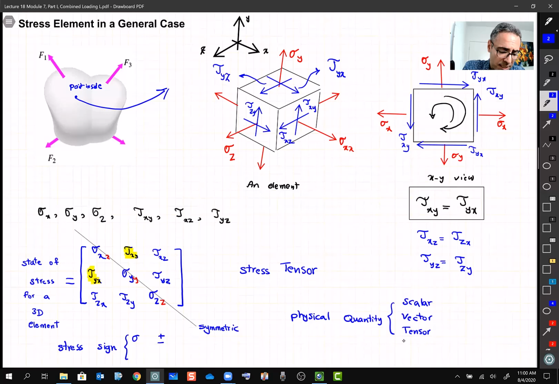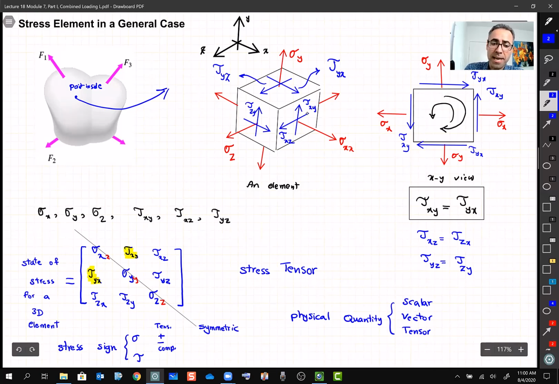We said if it is tension, we show it by positive. If it is compression, we show it by a negative sign. What about tau? Do we have positive or negative? No. For shearing stress, no positive or negative. So it doesn't have any sign.